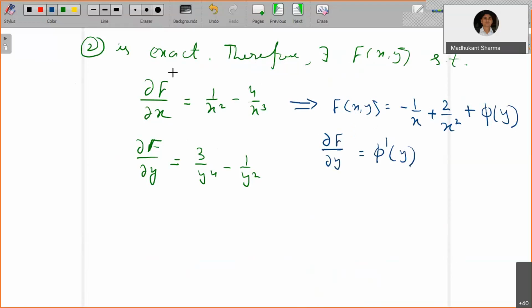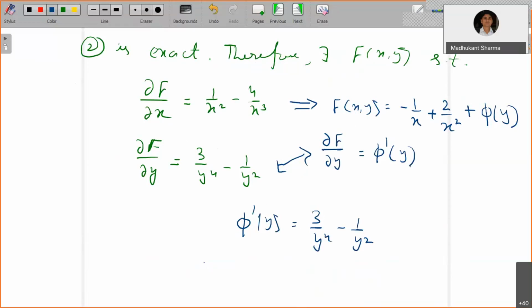Now, since equation 2 is exact, this and this together imply what? φ'(y) is equal to 3/y⁴ − 1/y².